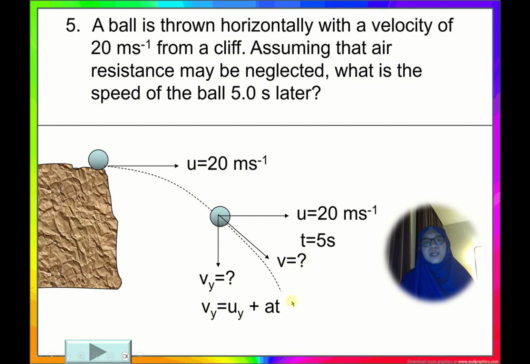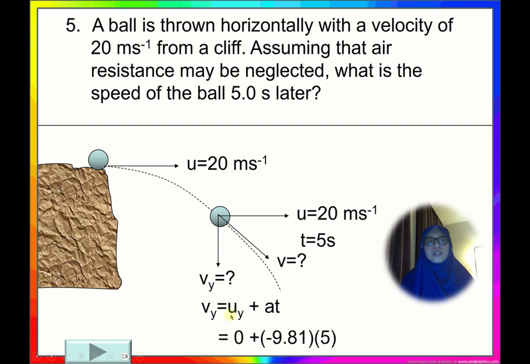Okay, so to find Vy, we can use v equals u plus at, and we choose the vertical component. The vertical component for uy will be 0 because it is projected horizontally. And then a is 9.81.